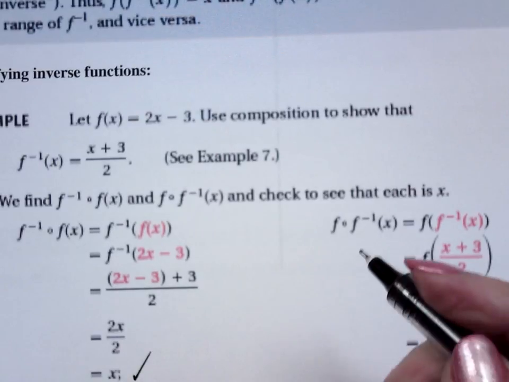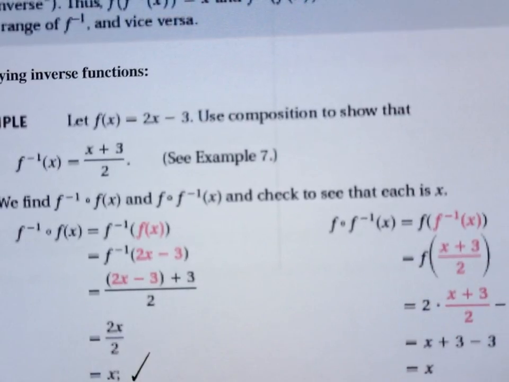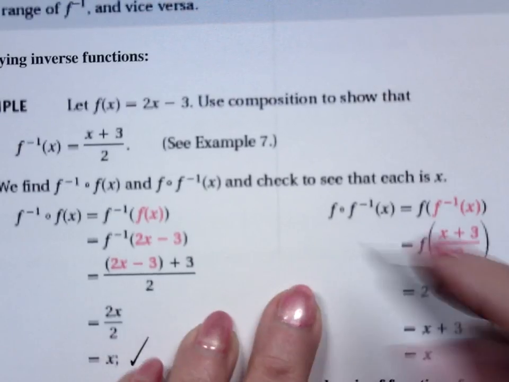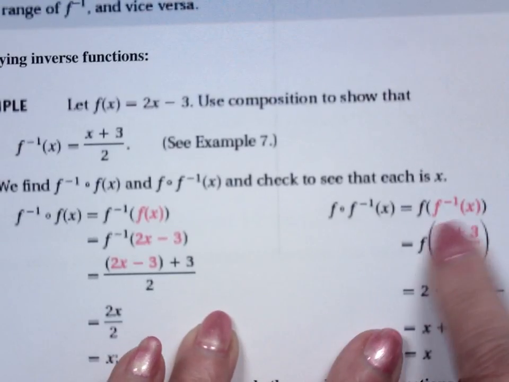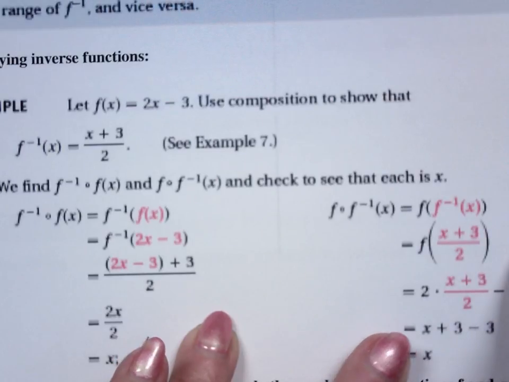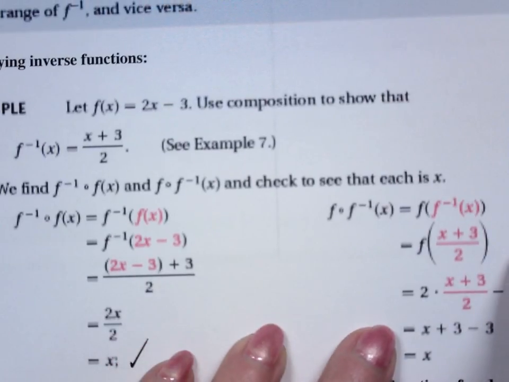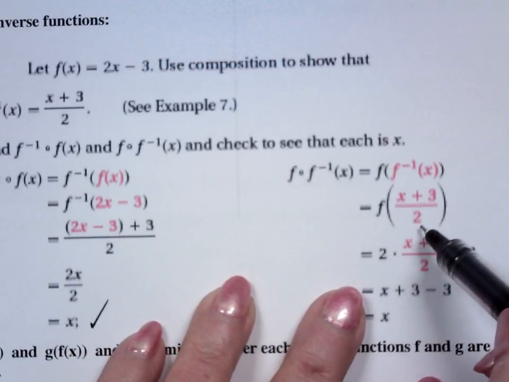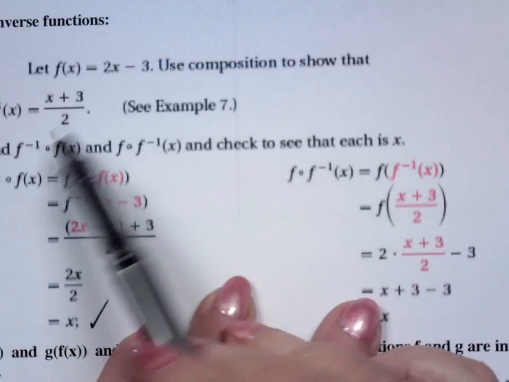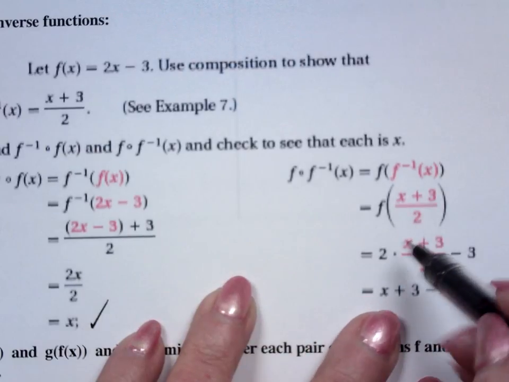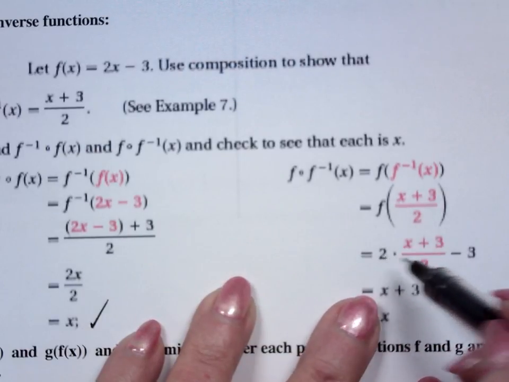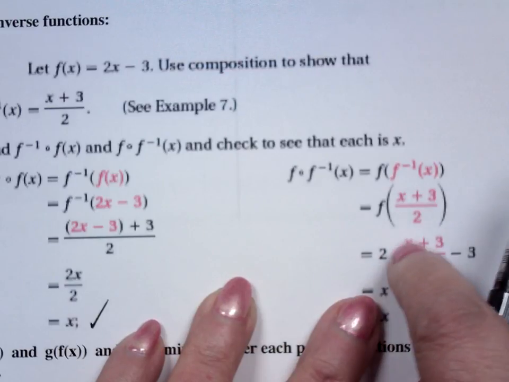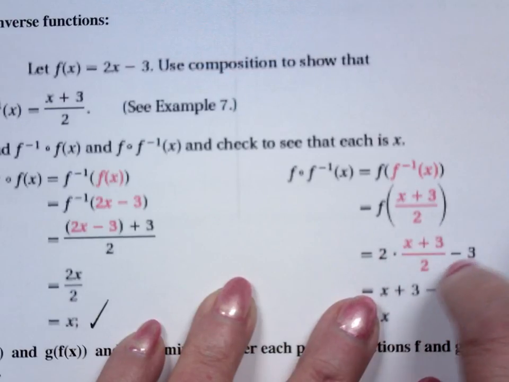Did I end up where I started out? Yeah. Now what I normally do, by the way, is this guy, f of f inverse of x. I don't know, it looks more natural to me for whatever reason. That says in the function f, you're going to stuff the inverse. The inverse we said was x plus 3 over 2. So 2 times x plus 3 over 2, subtract 3.